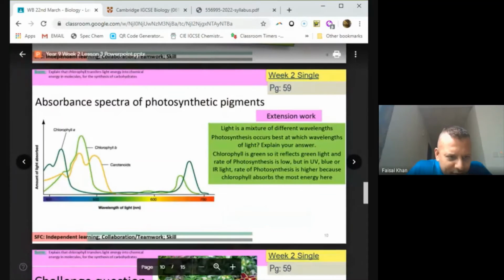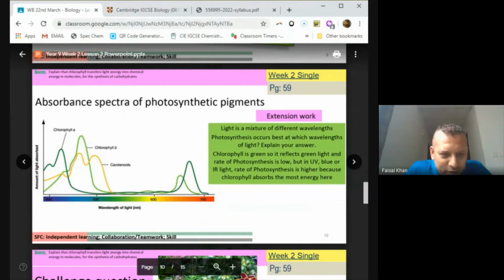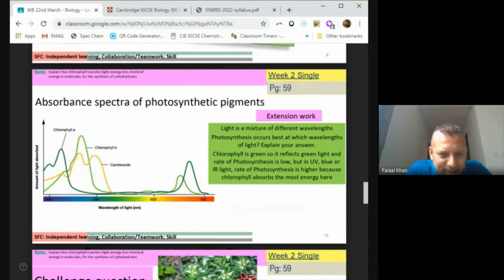So if we have a look, I'll just read off the numbers here. On the left-hand side, where it's blue, it says 400. Yeah? Are you with me, Sultan? Yes. Okay, so on the left-hand side, it's got 400, and that's blue, correct? Mm-hmm. Okay, and on the right-hand side, it's more on the red end, and it's 700.